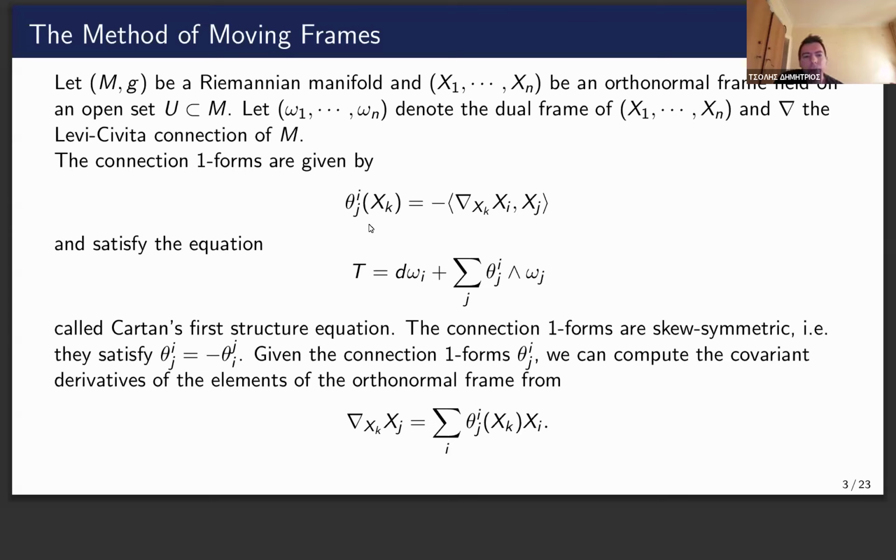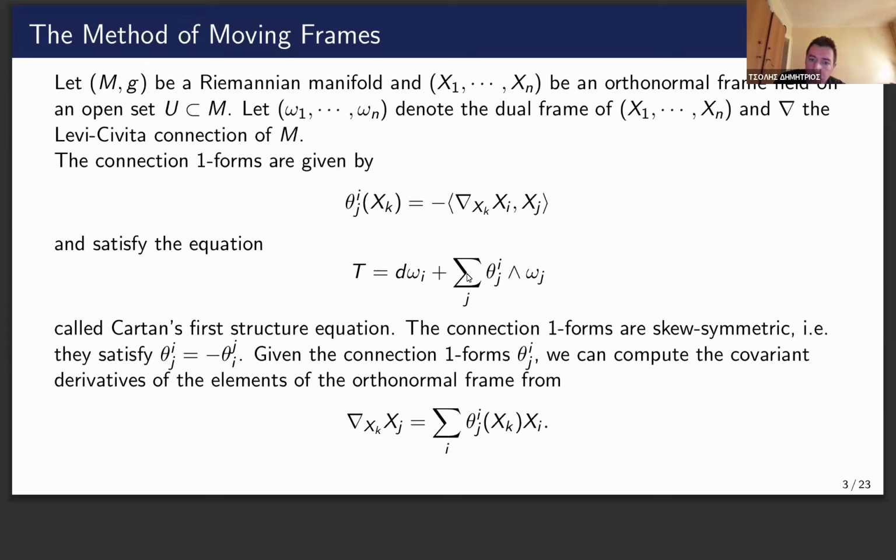And using this connection form, we have the first structure equation, which is this thing. Now, what is this? This is torsion, and this is a two form here, and this is written like so. So it's the exterior derivative of omega i plus this sum here, which is theta ij.